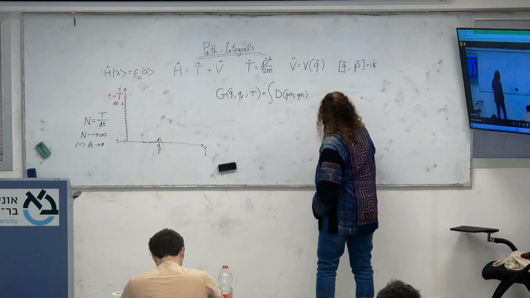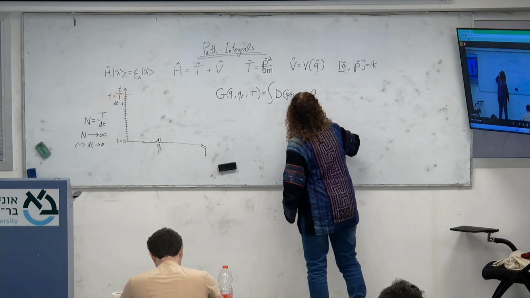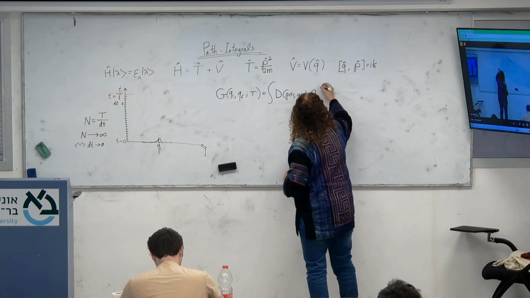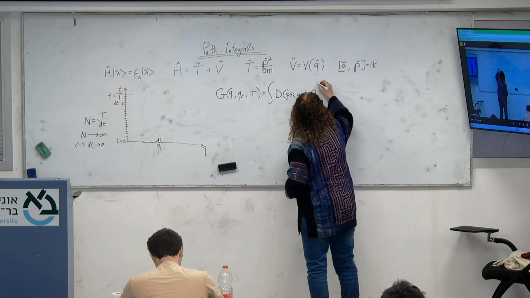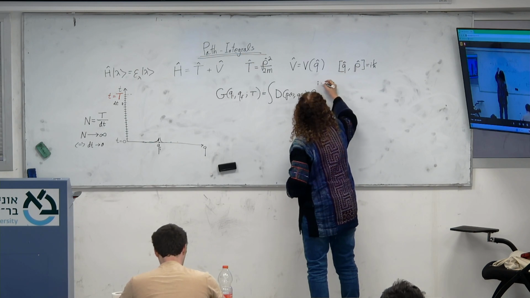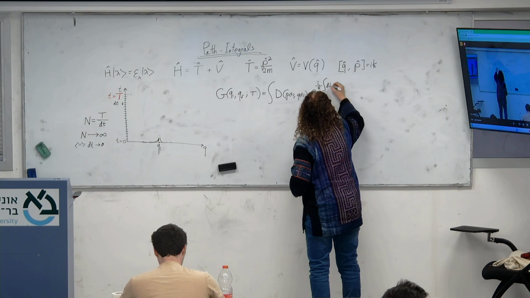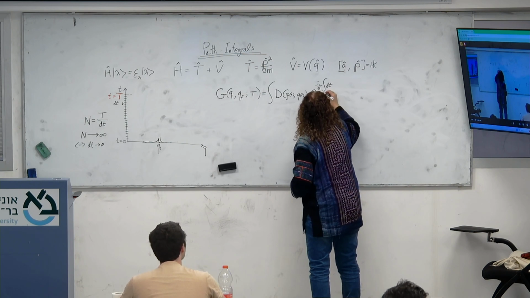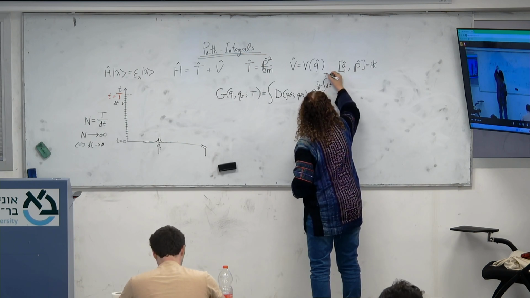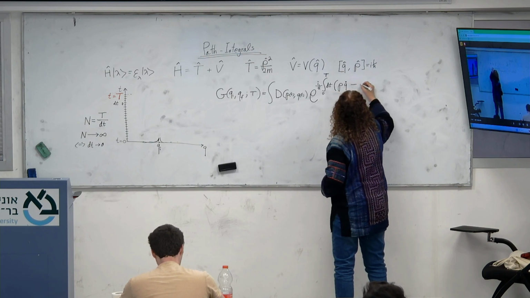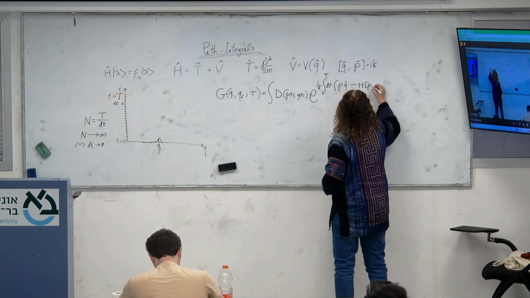I'll define it in a minute, but what I have now in the exponent, the functional that I'm going to integrate over, is e to the i over h bar integral dt from 0 to capital T of p q dot minus H of p and q.